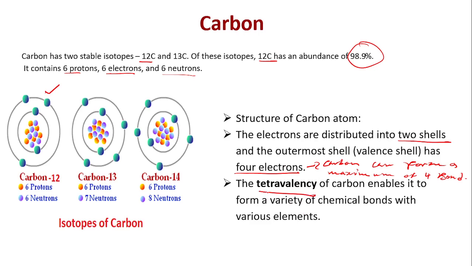Tetravalence means it has 4 electrons in its outermost shell, but I'm mostly interested in the maximum number of bonds which can be formed by carbon. That's why I've written that, because it's part of the MCQ.